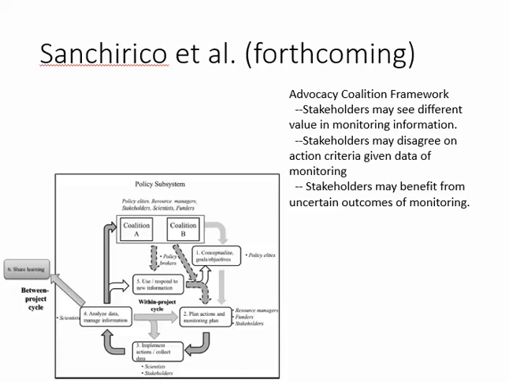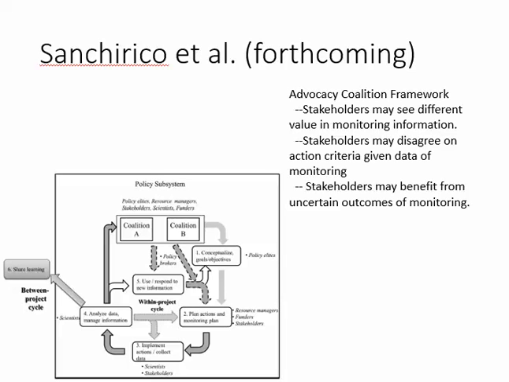And then, so finally, the last paper that's out there is this paper by Jim Sankiriko and the rest of us. And we're looking at a monitoring cycle that looks like this complicated figure down the bottom, but we're basically identifying the fact that there are different coalitions that are in charge of starting this monitoring cycle, and that we call on something called the Advocacy Coalition Framework, developed by Paul Sabatier, who was at UC Davis, and that stakeholders may see different value in monitoring information.